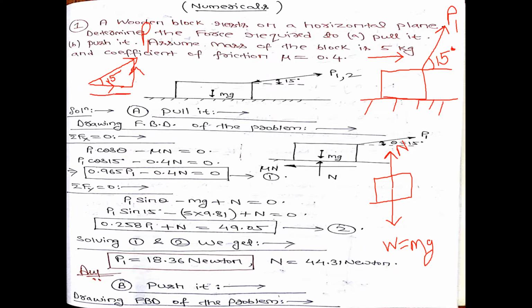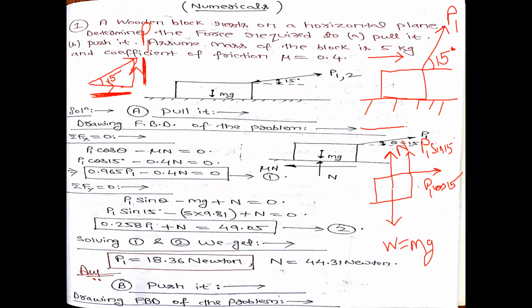This particular component is nothing but P1 cos 15, and this particular component is P1 sin 15. That means I can replace this inclined force P1 by two forces: one is P1 cos 15, and another is P1 sin 15.